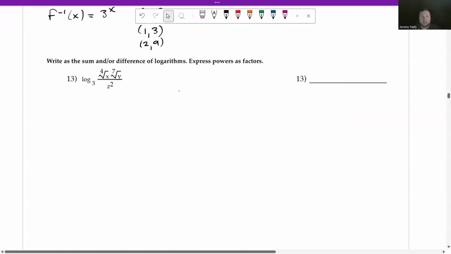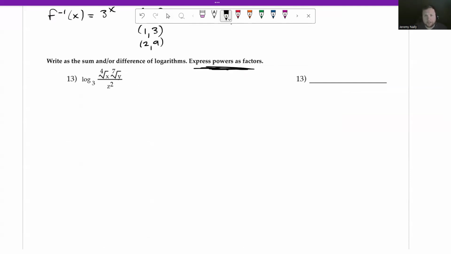Okay. Write as the sum and or difference of logarithms. Express powers as factors. Don't forget to do that part. The first step, maybe you want to rewrite those roots as exponents. Okay. And then everything on the top is going to be positive.